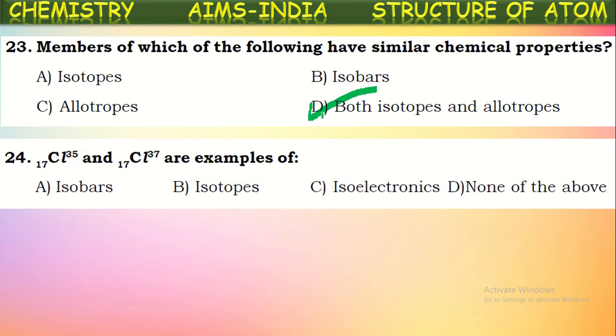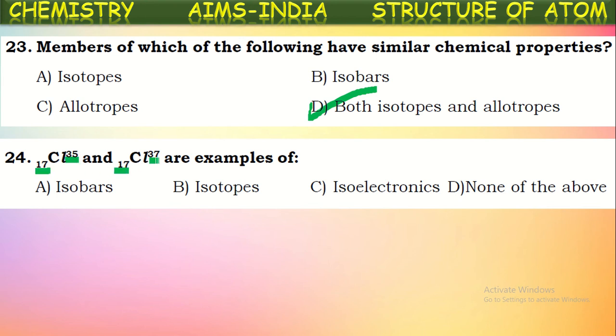So next one, chlorine 35 and chlorine 37 are examples of. See what is the similarity between these two? Both are atoms of the same element chlorine, and we can observe here both have the same atomic number 17, but they have a difference in their mass numbers.